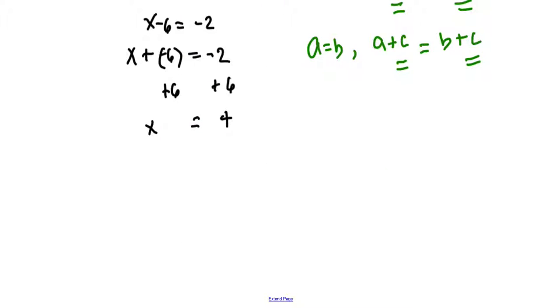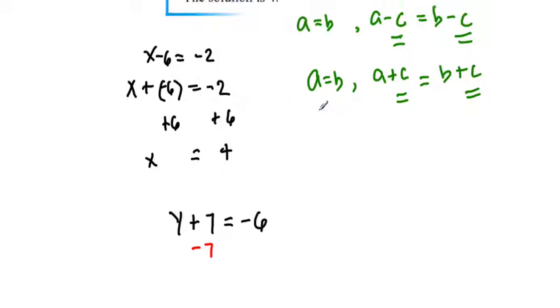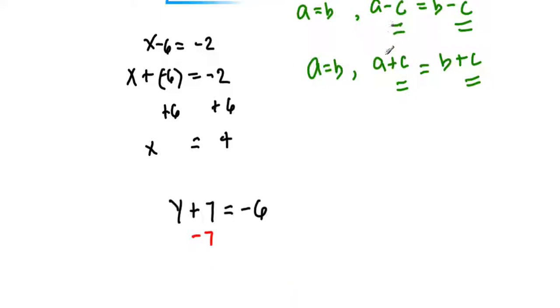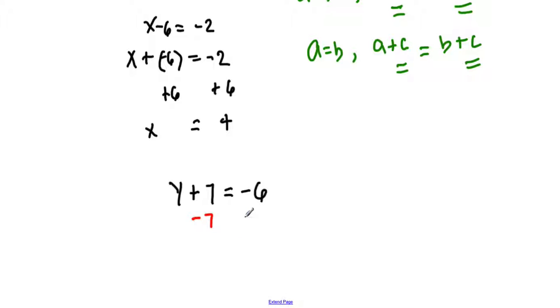Let's say I have y plus 7 is equal to negative 6. Okay, again, we need to undo 7. And to be able to undo 7, we need to do our inverse operations. And the inverse operation of addition would be subtraction. So we simply subtract 7. And according to our properties of equality, the subtraction property of equality, if we subtract 7 to one side, we need to subtract 7 to the other side as well.